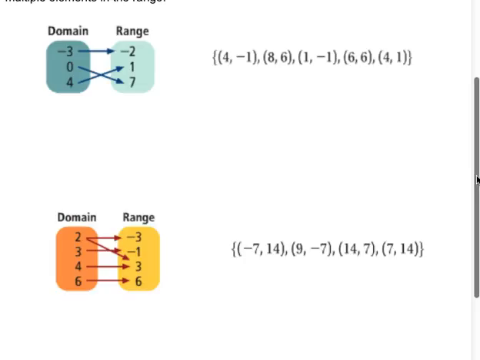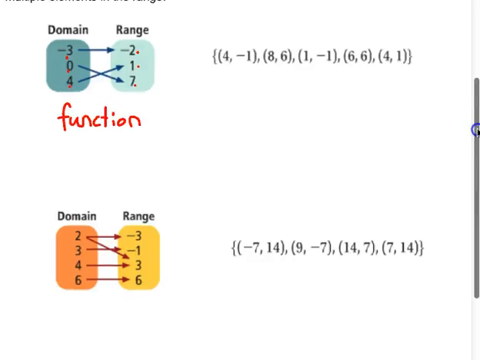Here 3 is going only to -2, 0 is going only to 7, and 4 is going only to 1. Each element of the domain is only going to one location, so this fits the rule. This is going to be considered a function. Every element of the domain only goes to a single element in the range.